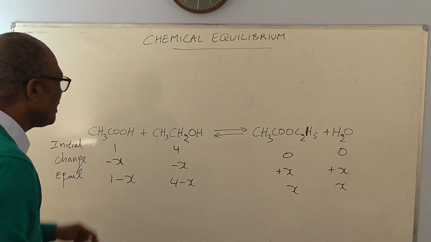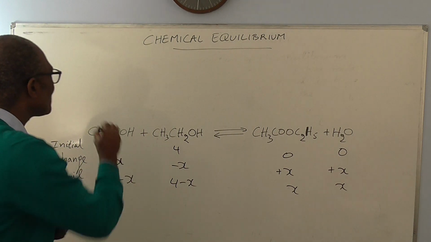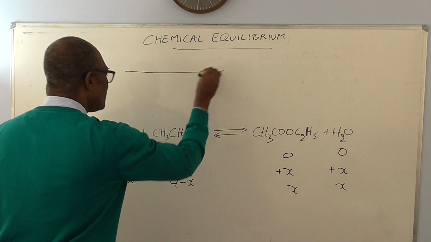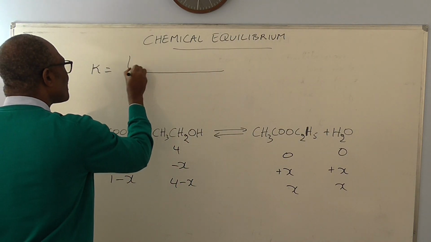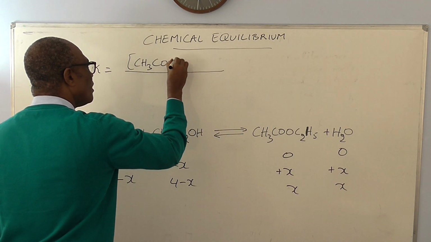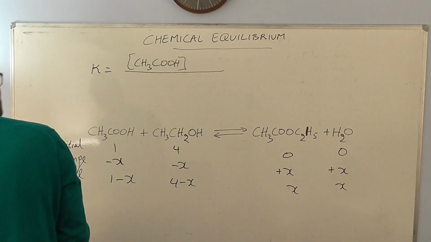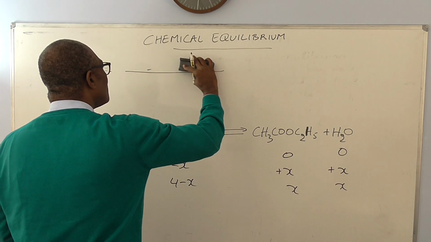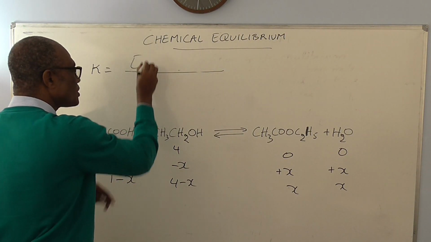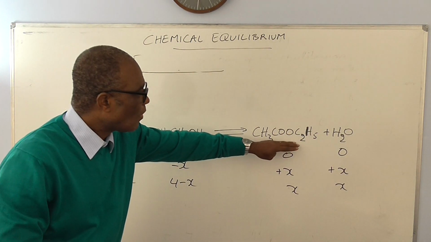Now, we need to write the equilibrium constant expression here. The equilibrium constant expression will be K is equal to the concentration of ethanoic acid, I made a mistake. The concentration of the ester, because on the top we have to write the concentration of the product.